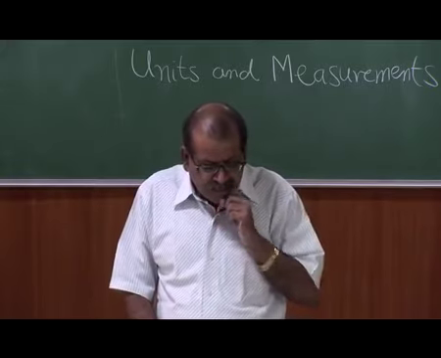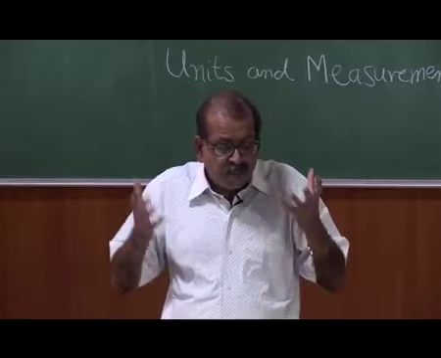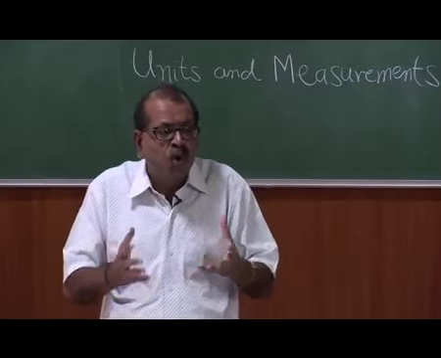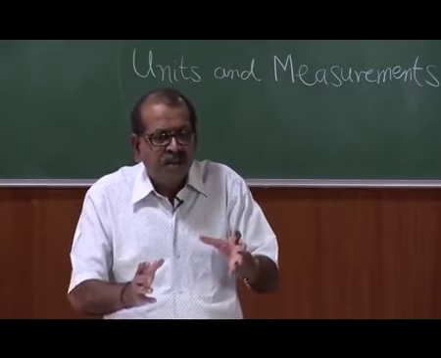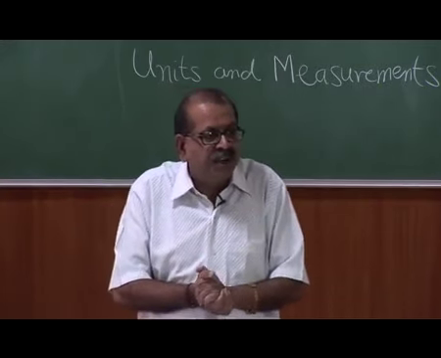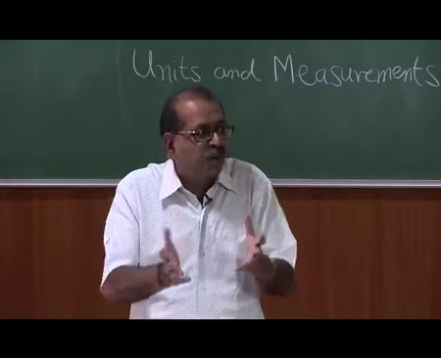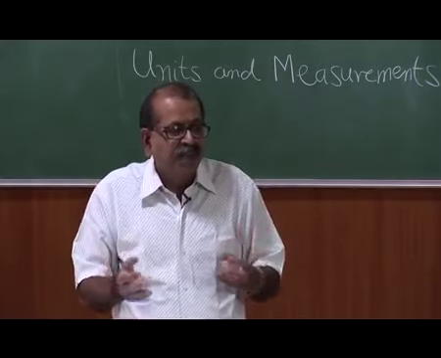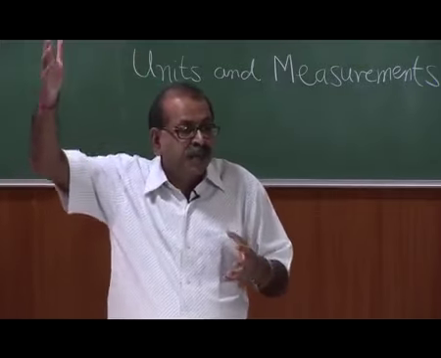Now, for example, we look at a kilogram. Kilogram is the mass of a standard prototype which is kept in the International Bureau of Weights in Paris, and each country has its own standard labs. In India, we have the National Physical Laboratory in Delhi, which has a particular block kept under particular conditions, and we say the mass of that is 1 kilogram, equivalent to the mass of the 1 kilogram which is kept in Paris.